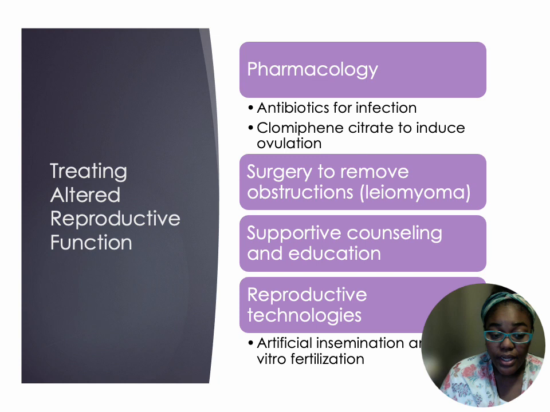In order to treat altered reproductive function, you may see some pharmacological methods. One specifically is clomiphene citrate, and this is a medication that is used to induce ovulation in those that may not ovulate very well. You may also see antibiotics to treat infection, or you may even see additional hormonal therapy to replace hormones that individuals do not have, to help supplement those body and metabolic processes.